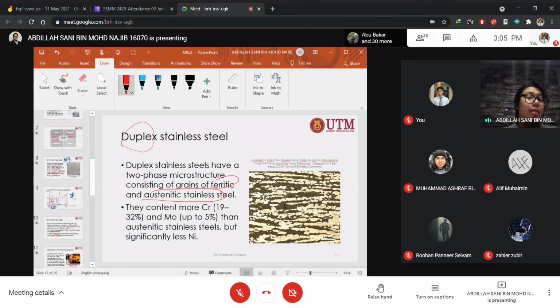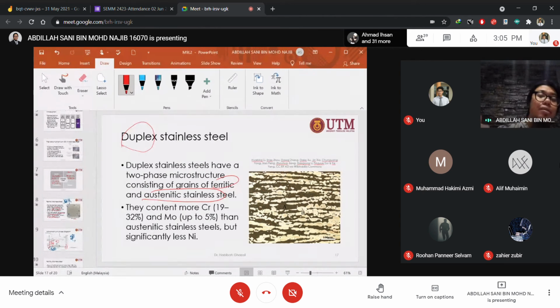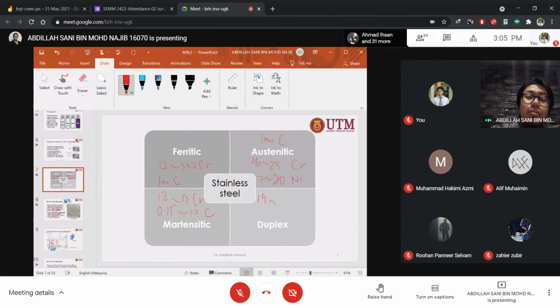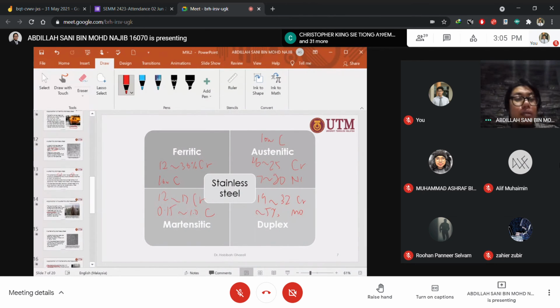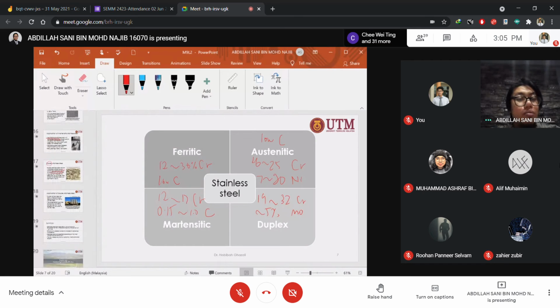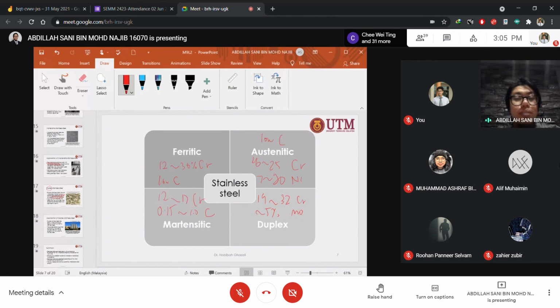Let's jot that down. 32 of chromium and molybdenum 5 percent or so. As you can see, it is very, very high compared to the others. The chromium content is very, very high.